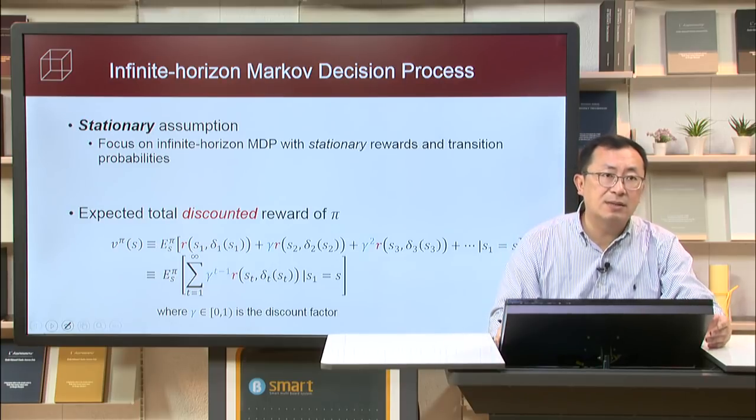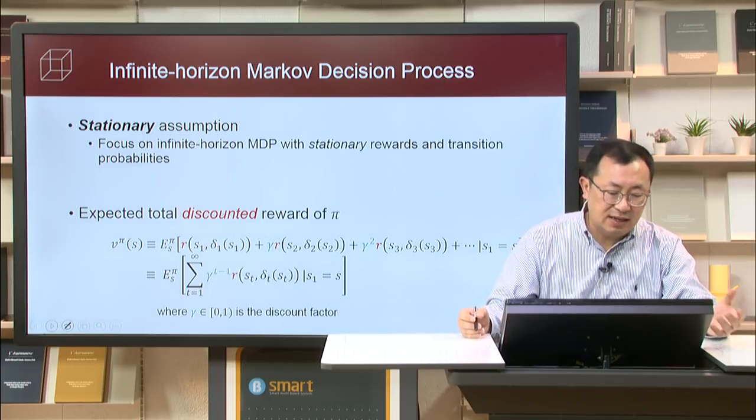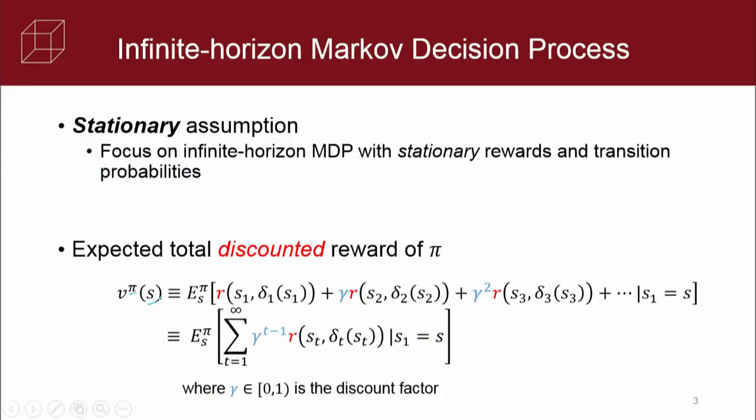Given the policy pi and the initial state s, we may forward this process and compute the expectation of the total rewards over the infinite horizon. So we can introduce such a measure as the expected total discounted rewards of the policy pi with the discount factor gamma.